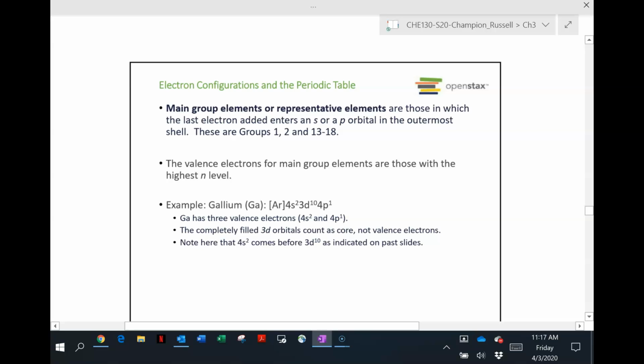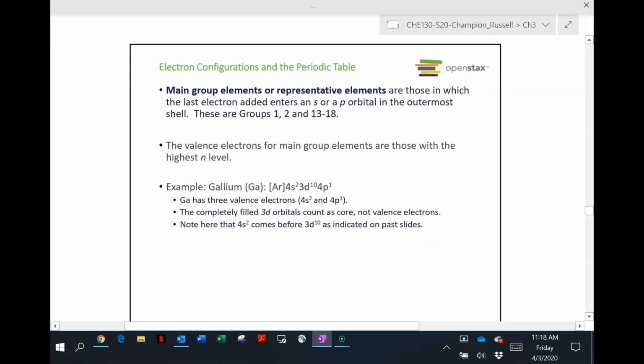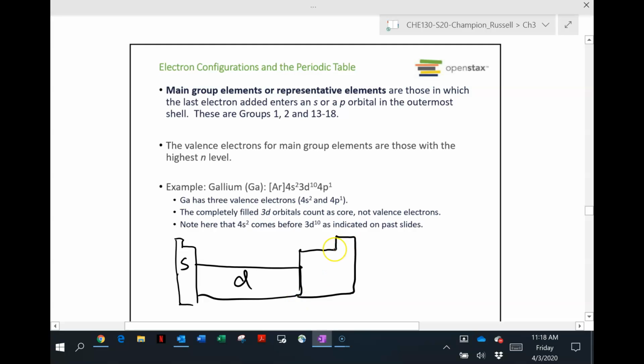What we call the main group on the periodic table is the S or the P block. So you remember I drew the periodic table before kind of roughly and said this was the S block, and then we have the D block in the middle, and then this is all P block, and down here we have the F block. The S block and the P block are what are called the main group elements.